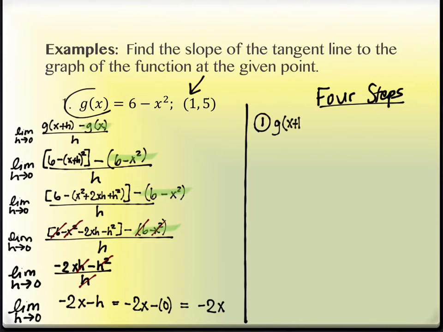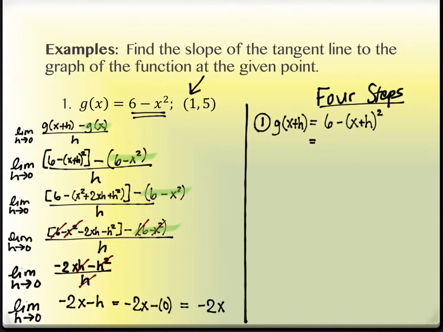Okay? So the first step is to find, in our case it's called g, so g of x plus h. Okay? So g of x plus h. All right, so I do 6 minus, that's the x plus h squared portion that I did before. Okay, I take the g of x equation, and I substitute in x plus h for x.